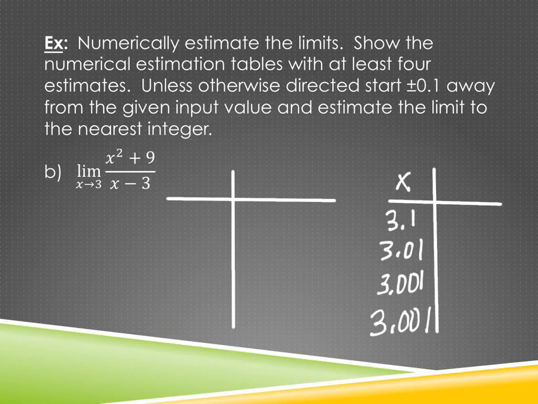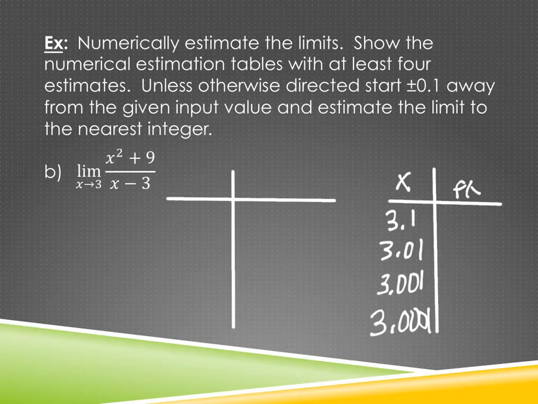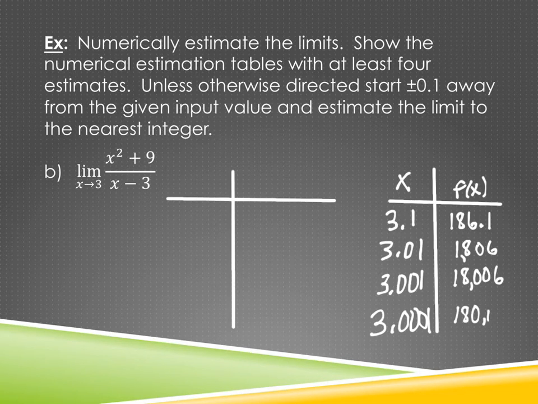Lots more zeros, lots and lots of zeros. And now our y values on this one, our f of x, are quite different. We have 186.1, 1,806, 18,006, and then 180,006.